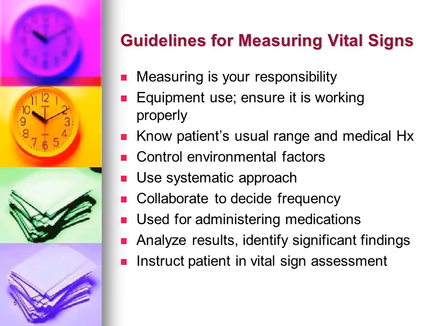Use an organized, systematic approach when taking the vital signs. Each procedure requires a step-by-step approach to ensure accuracy. On the basis of the patient's condition, collaborate with healthcare providers to decide the frequency of vital sign assessment. You, as the RN, have the autonomy to decide how frequently you need to check those vital signs.